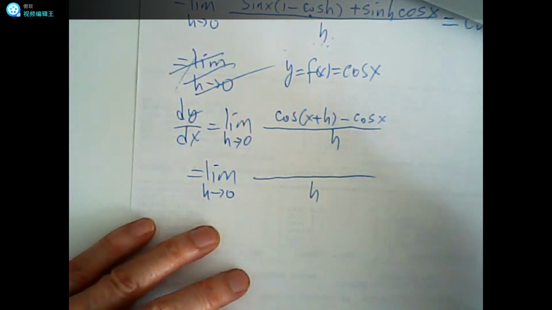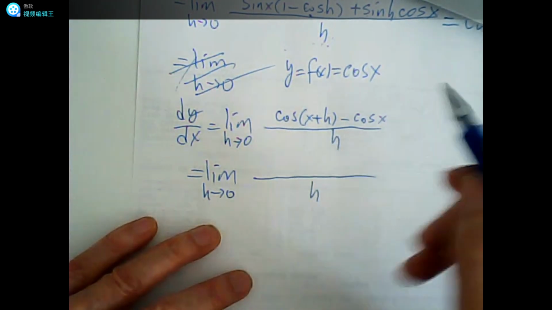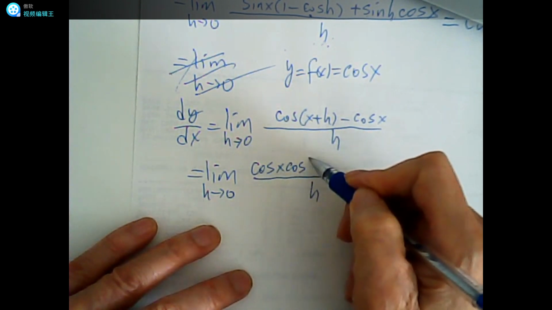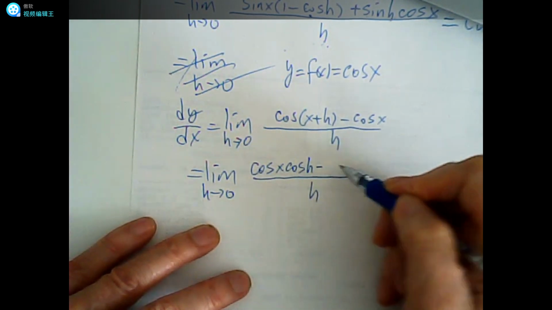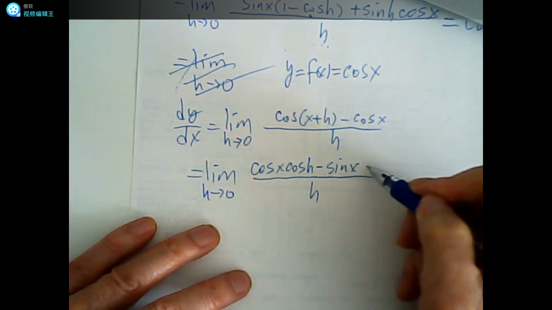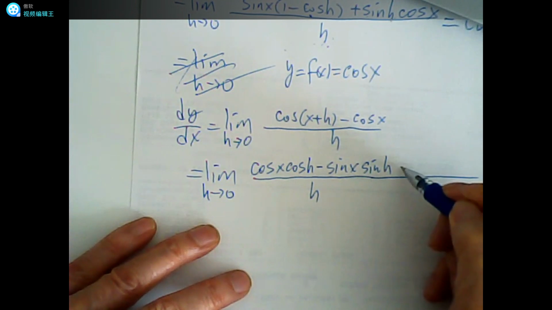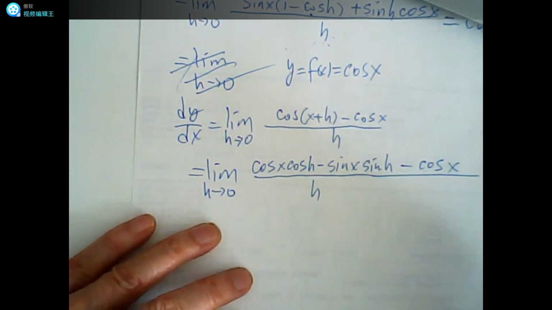The formula for cosine is cosine x cosine h minus sine x sine h, right? Minus cosine x.